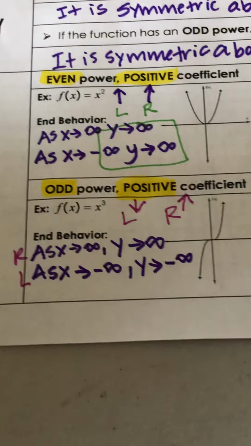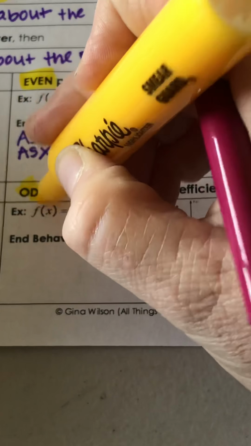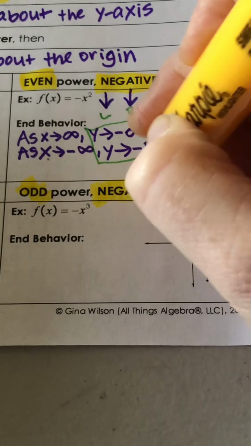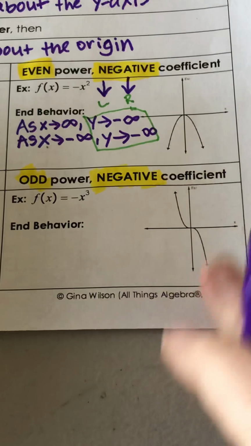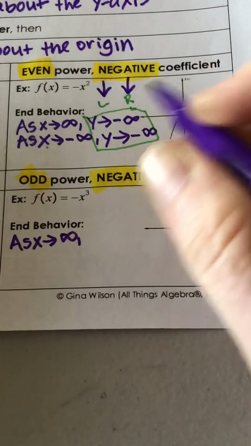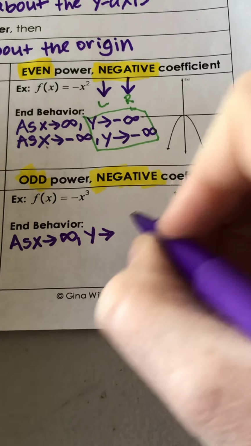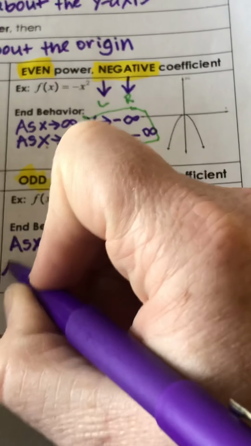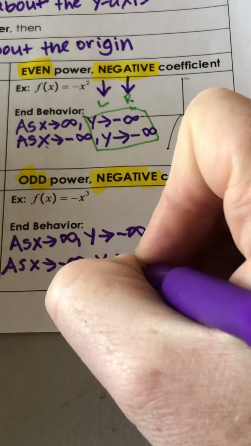All right, and then finally, odd power negative coefficient. It's just going to be the opposite of our positive end behavior. All right, so starting with what we know, negative x to the third. As x approaches infinity, y approaches negative infinity. As x approaches negative infinity, y approaches infinity.